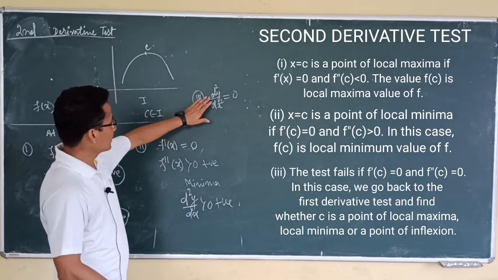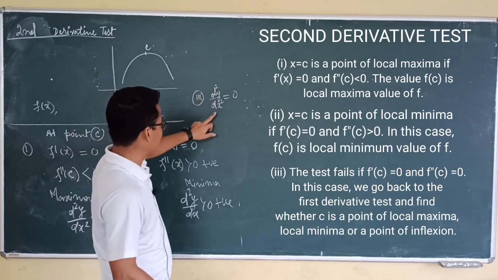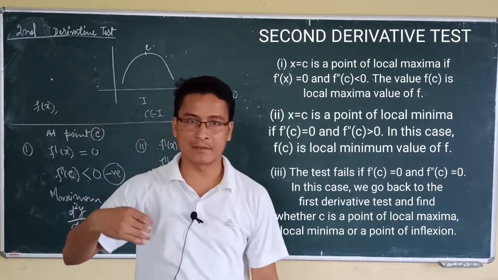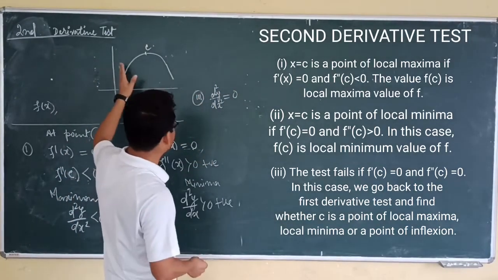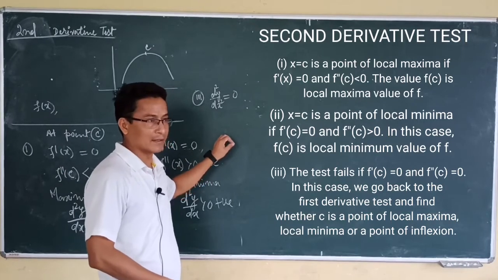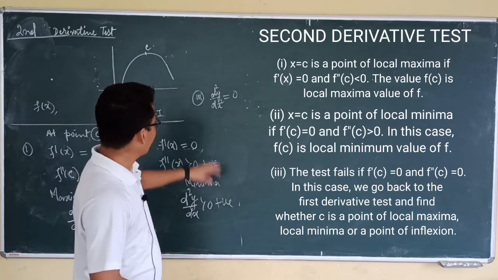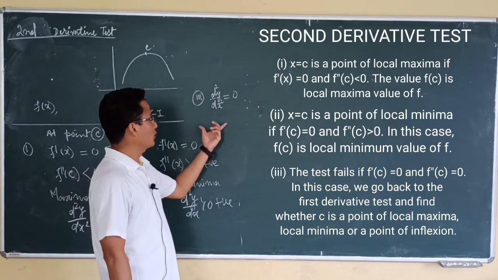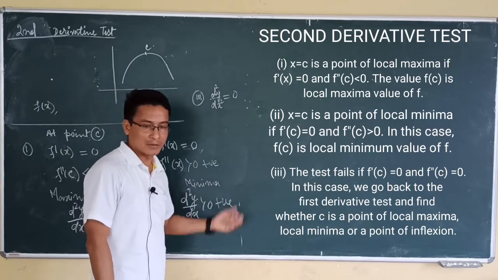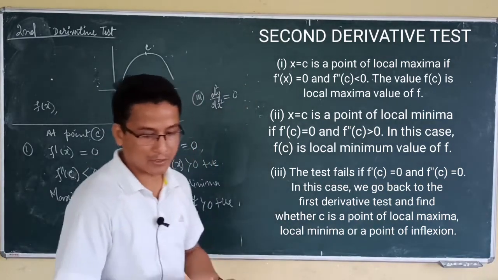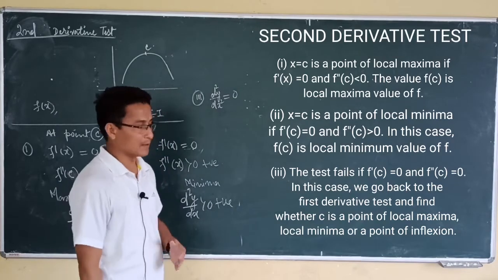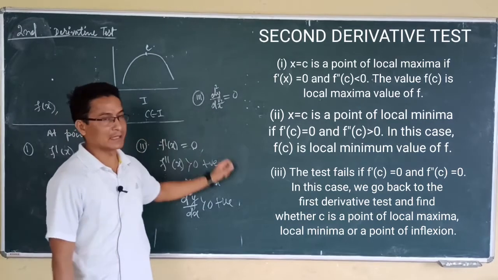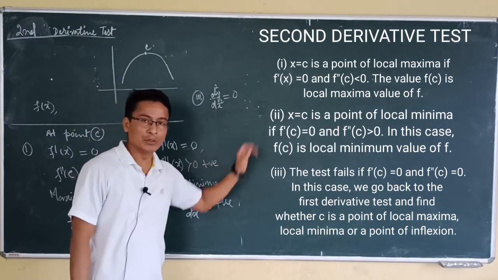So when you get d square y by dx square equal to 0, we go back to the first derivative test and see once again with the help of the slope. There is another process, the higher order derivative test, to solve this type of question, but it is not in our syllabus, so we do not study it. We study the first derivative test in case you get this equal to 0.